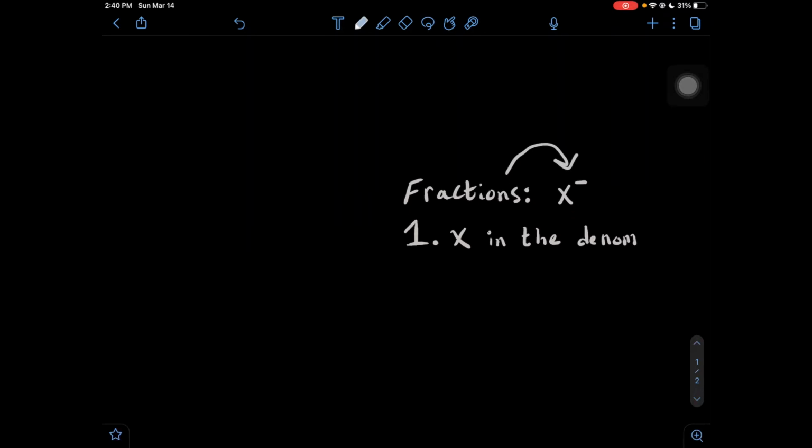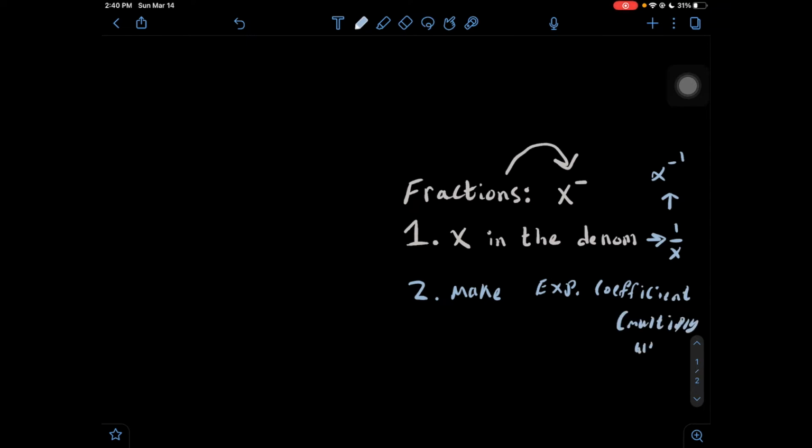So now, again, your x goes into the denominator. So it'll look something like 1 over x when x is to the power of negative 1. So it'll become a fraction. And then our second step is similar to our first steps, where we make our exponent the coefficient, and again, multiply when necessary.